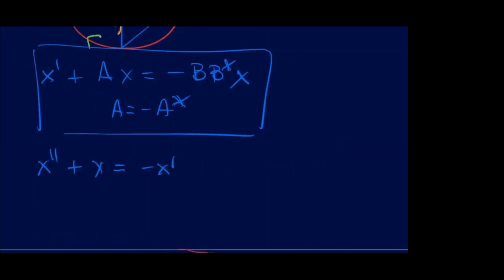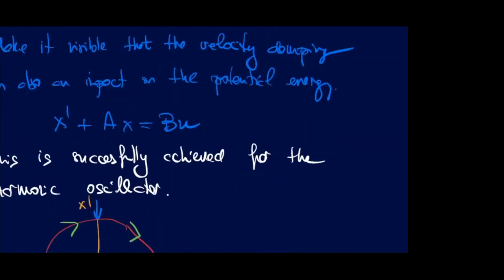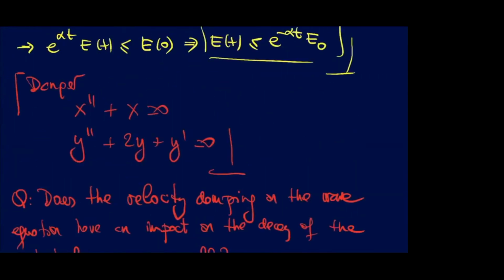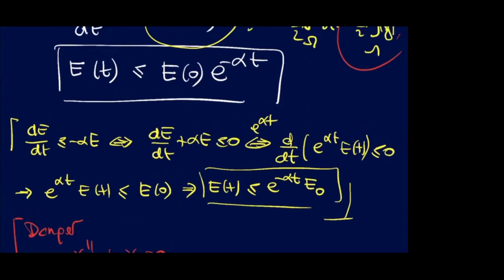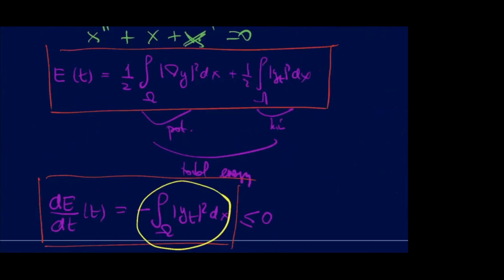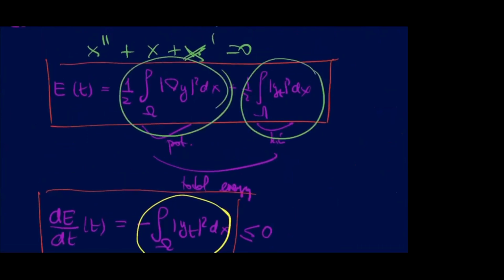Remind that the energy was kinetic energy plus potential energy. And the potential energy involves the gradient of y, but not y.